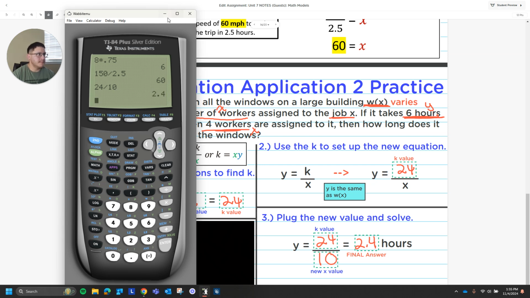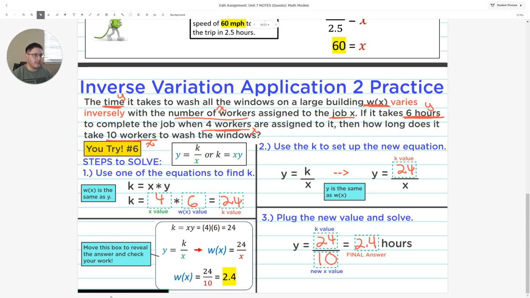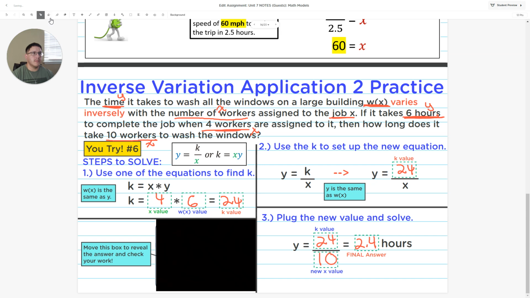And there we go. So for 10 workers, it takes 2.4 hours to wash the windows. Remember, y is the same thing as saying w of x. And that's it for you try number 6.